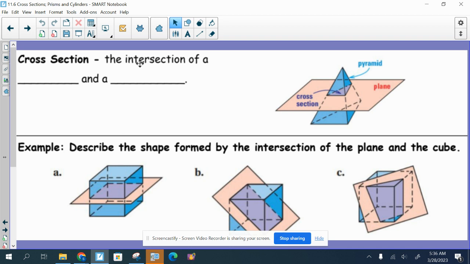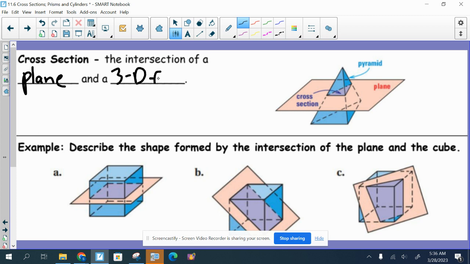So a cross-section, hopefully you have the notes. They should be printed off and handed to you. A cross-section is the intersection of a plane and a 3D figure, like this one.